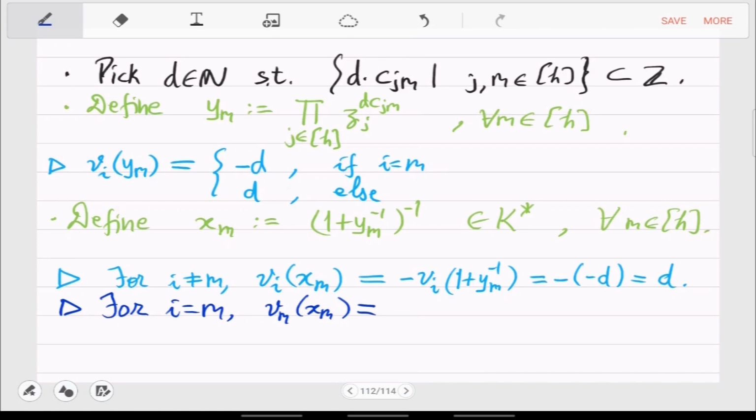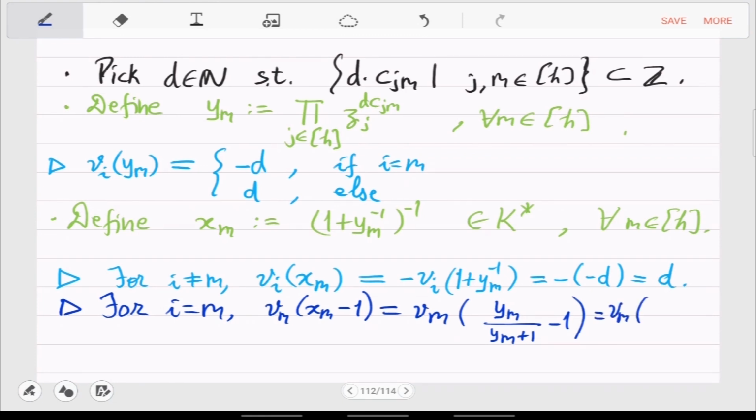So what is that? Sorry, Vm of xm minus 1. So Vm of xm minus 1 is, do you have any handle on that? So xm minus 1 will be this, right?